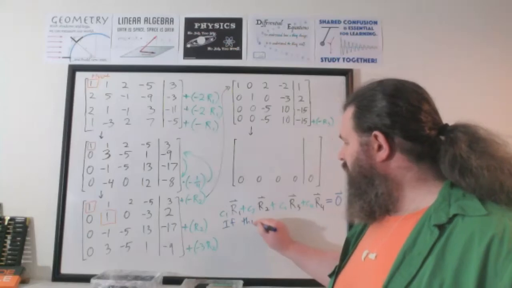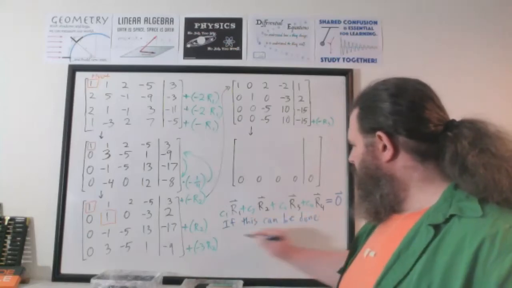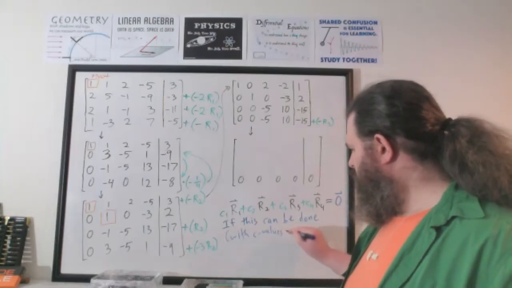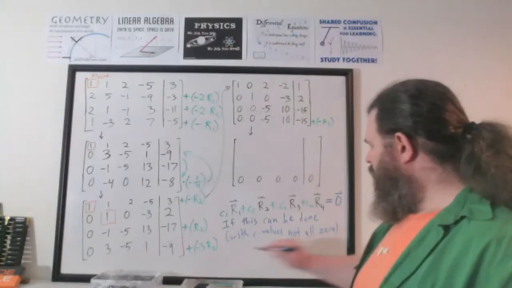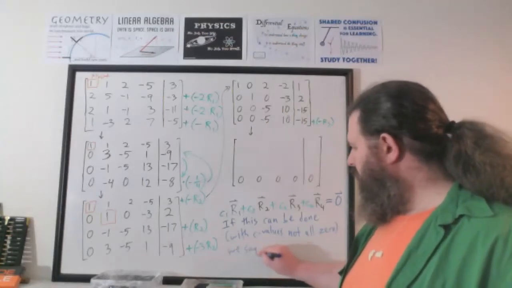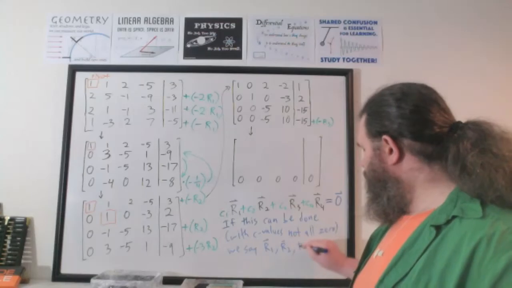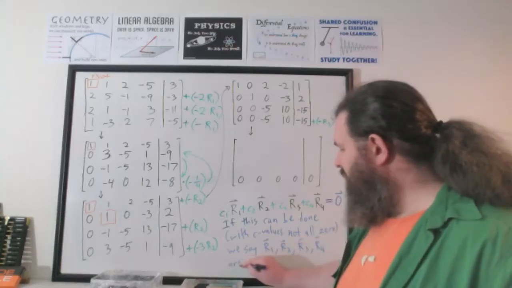If this can be done other than using the trivial solution, with C values not all 0, then we say the vectors, or in this case, the rows, are linearly dependent.